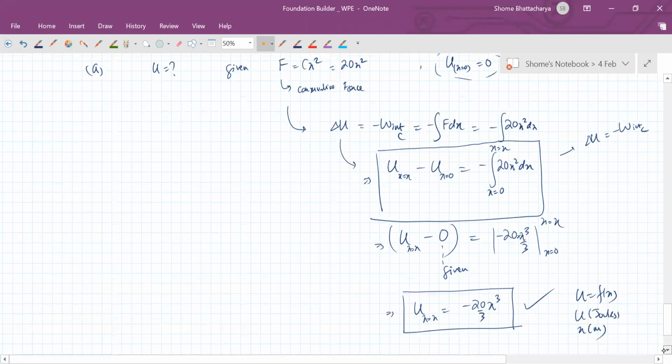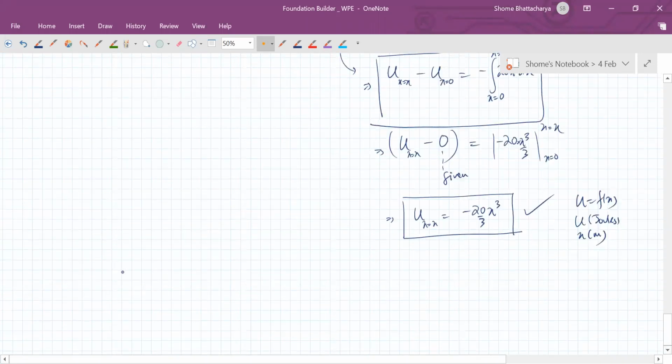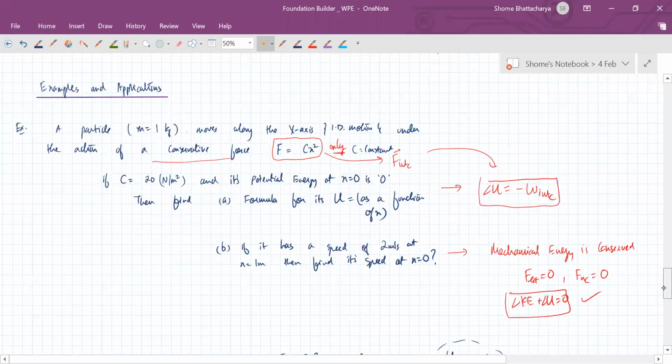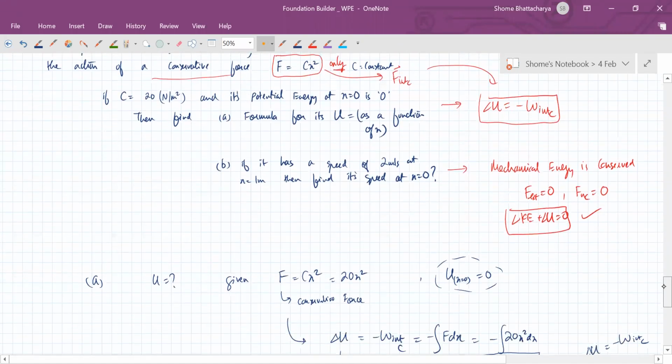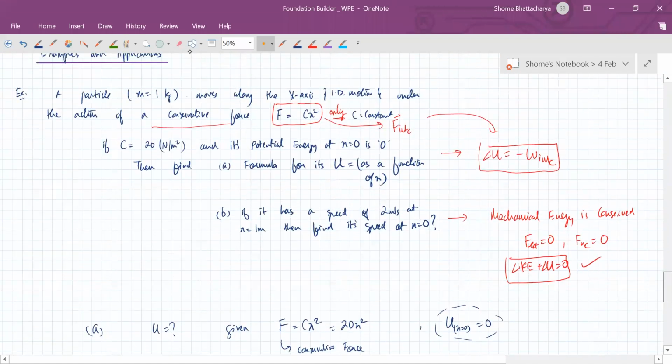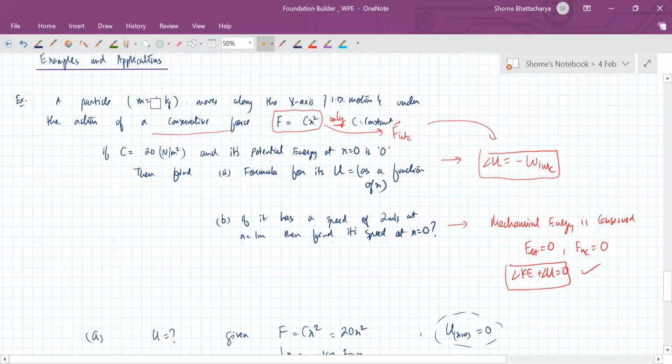Now, once we have this, for the B part we can use the relation that change in kinetic energy plus change in potential energy should be 0. Given that v is 2 meters per second and the mass of the particle is 1 kg, we'll make the mass a little bit more, otherwise I'll tell you why.